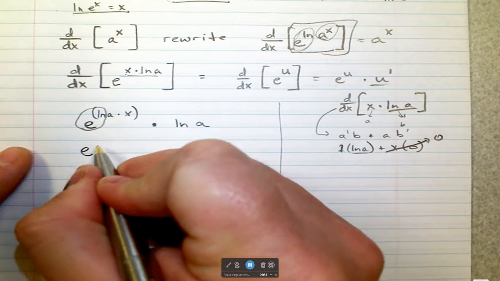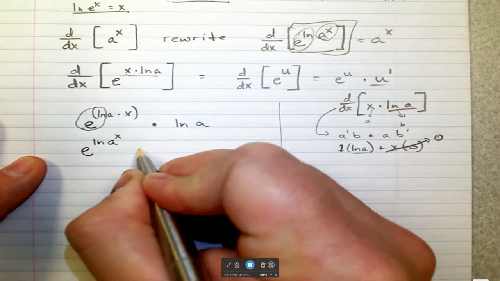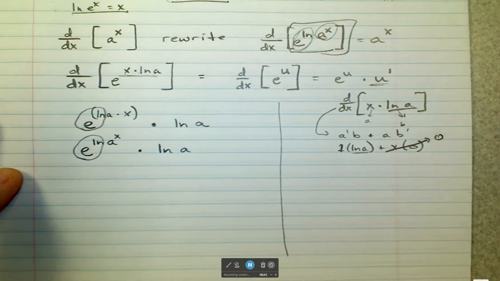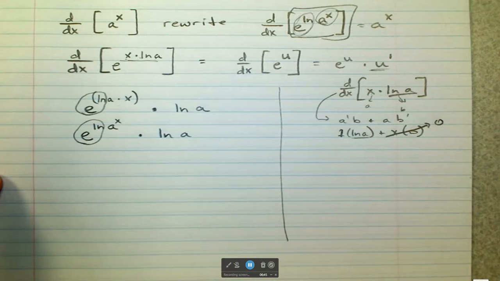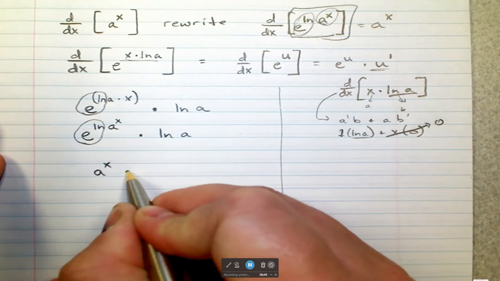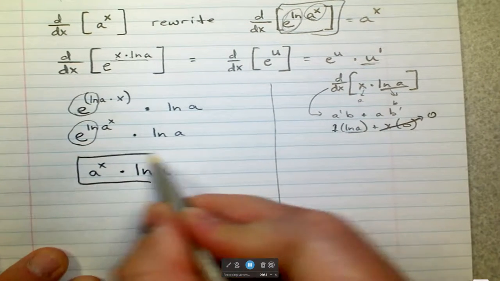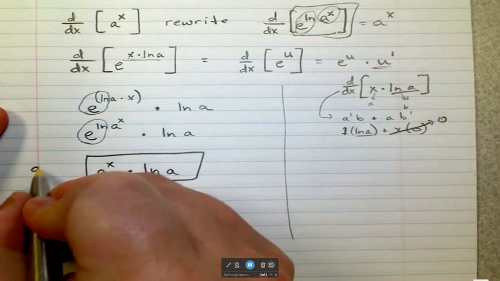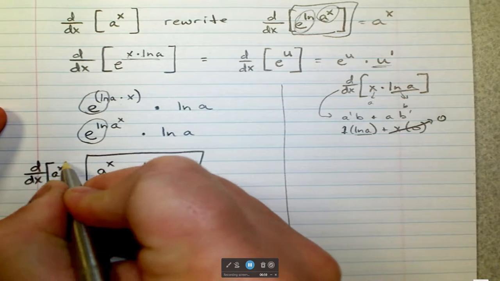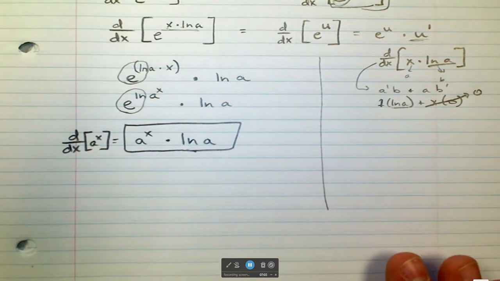So it's going to be e to the ln a to the x times ln a. This goes away, it's 1. So what do we get? a to the x times ln a. That is the derivative of a to the x. That is a derivative rule.